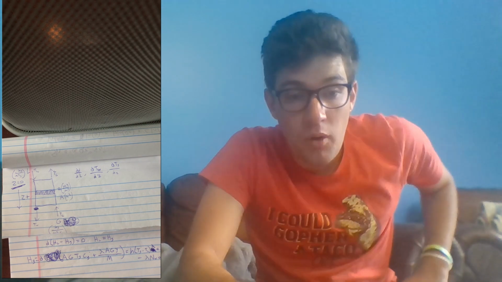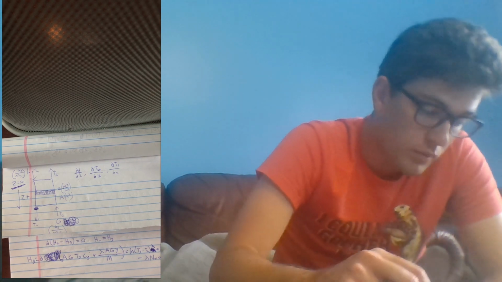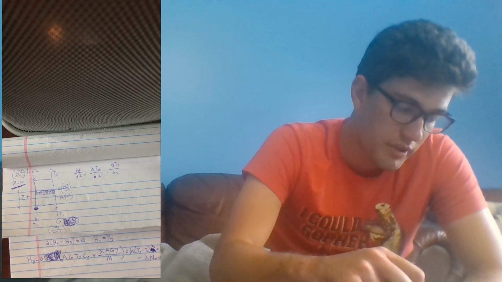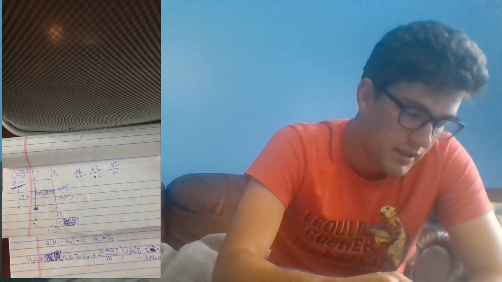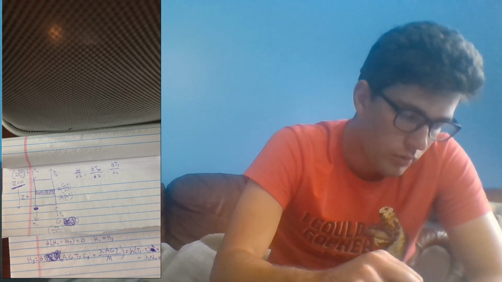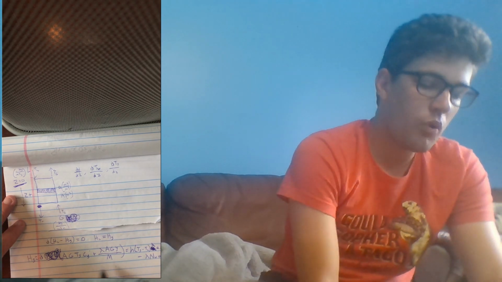Okay, so moving on from there, we're going to manipulate this equation a little bit because we know, first of all, that we have the change in all of these things. Well, what is actually changing here on this side?